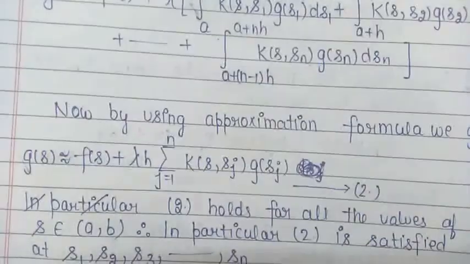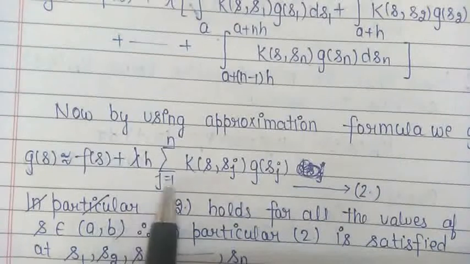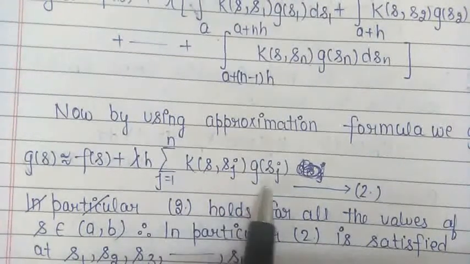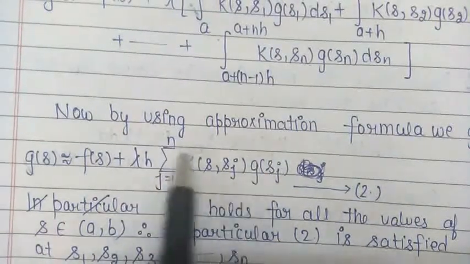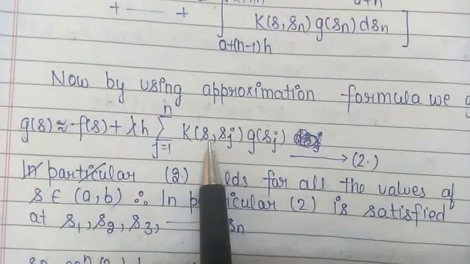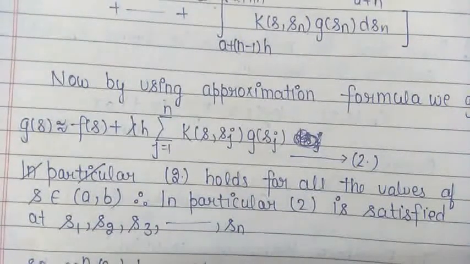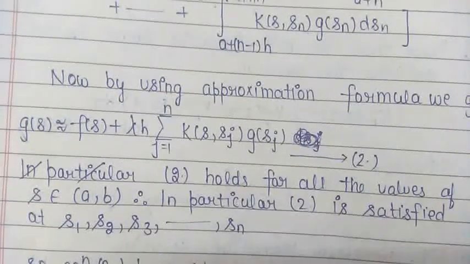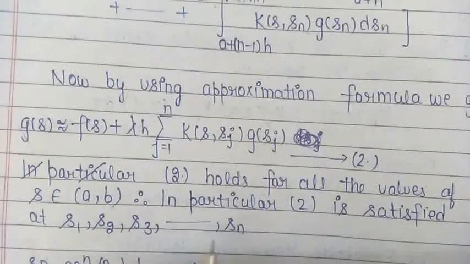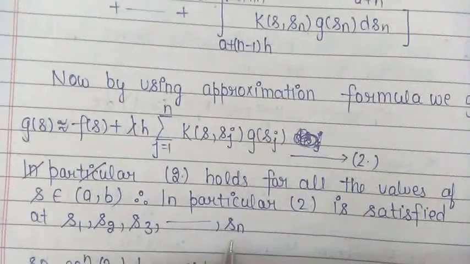Now because we know that every integral can be written as the limit of a sum, we have the approximation formula g(s) = f(s) + lambda h summation k(s,sj) g(sj), where j varies from 1 to n. Because this equation holds for all s lying in the open interval AB, in particular it is satisfied at our points of division s1, s2, s3 and so on up to sn.